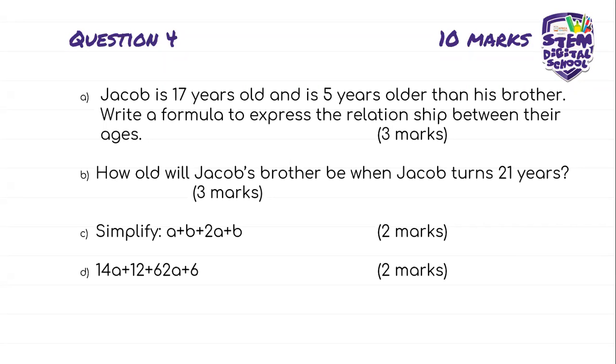So you might as well find a way to put it accordingly. Now let's go to B. How old will Jacob's brother be when Jacob turns 21 years old? Minas says 16. How do you get 16? Can you show me, Minas, how did you get 16? Lo Shoka says 16 as well. How did you get the 16?